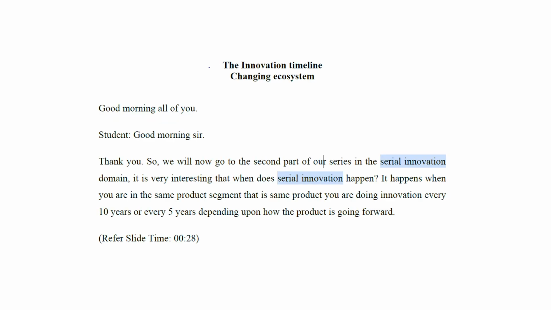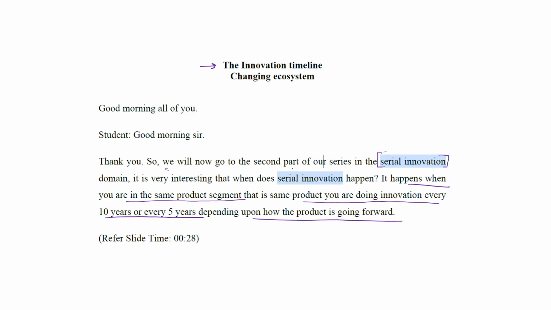If you go through the lecture content of the innovation timeline, the professor talks about serial innovation. It happens when you are in the same product segment, and you are doing innovation every 10 years or every 5 years, depending upon how the product is going forward.